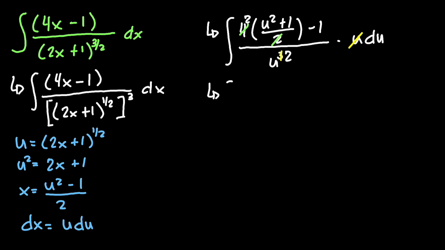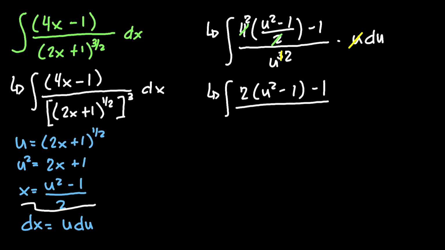So the integral would look like this: 2 multiplied by u squared minus 1, over u squared, multiplied by du. This should be u squared minus 1, because it is based on this x value.